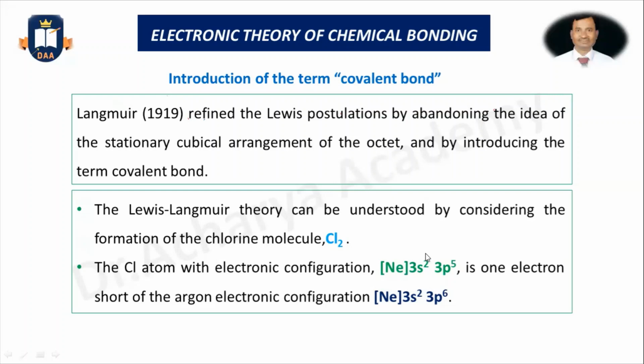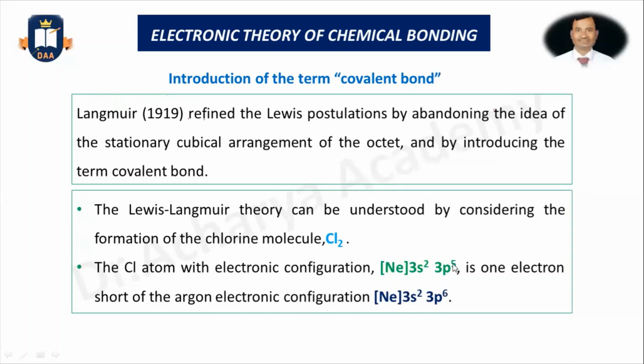To attain an octet in its outer shell, it needs 8 minus 7. The 7 means 3s has 2 electrons and 3p has 5 electrons. So for octet formation, it needs 1 electron to get the next noble gas, argon's, electronic configuration, where the outer shell is 3s2 3p6.